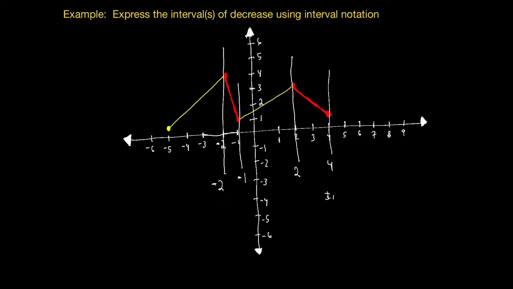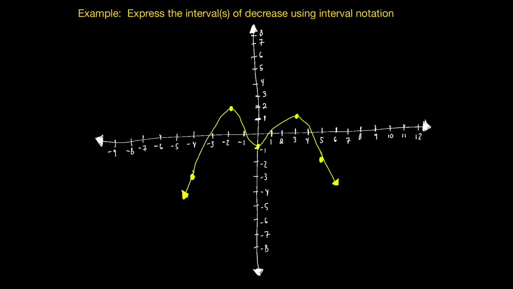The interval of decrease in this scenario is going to be from -2 to -1 in brackets because of closed circles on both endpoints, union +2 to +4, again with brackets due to the closed circles. And that would be the intervals of decrease.